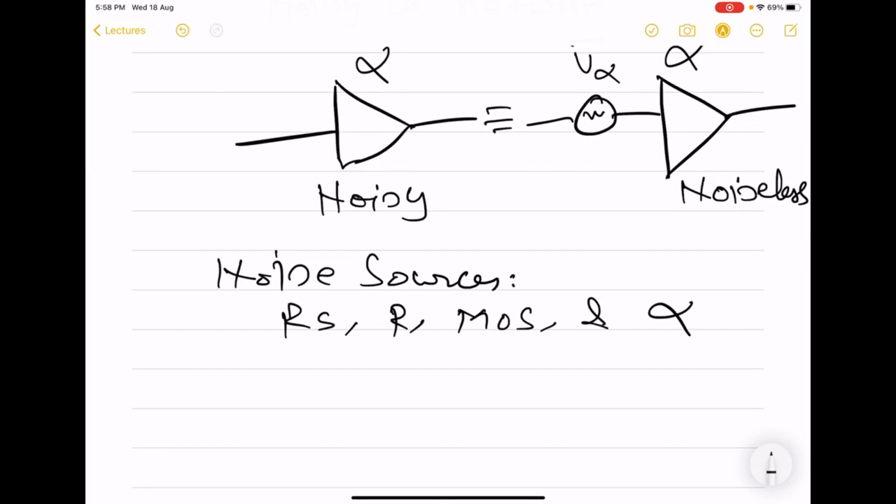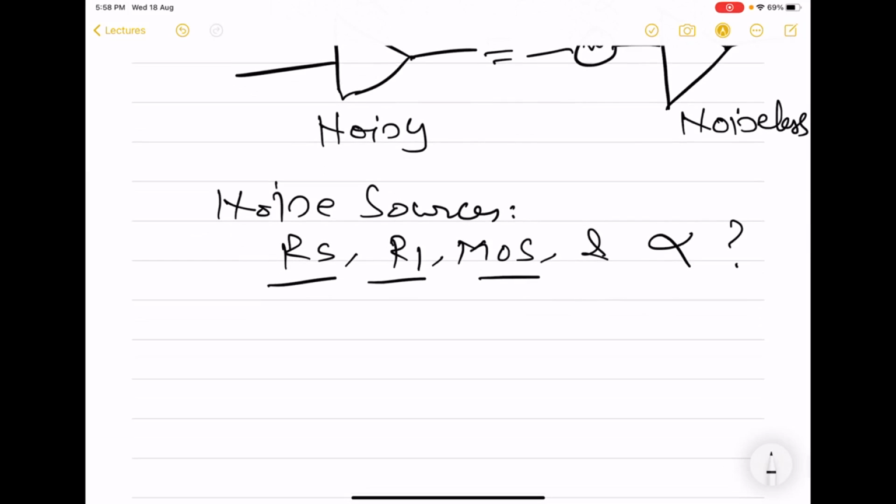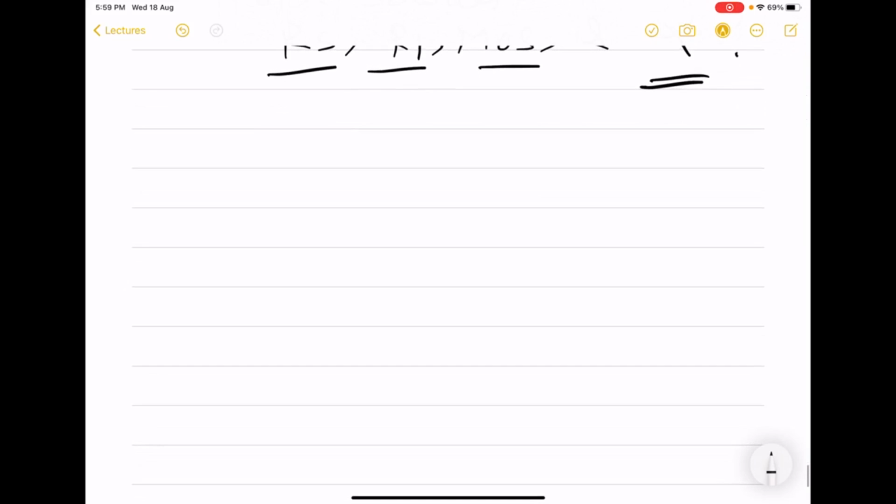So the noise contribution of each of these is going to be the same as what we have already derived. The only thing is that the noise contribution of this network has to be found out, so we can carry out this analysis.